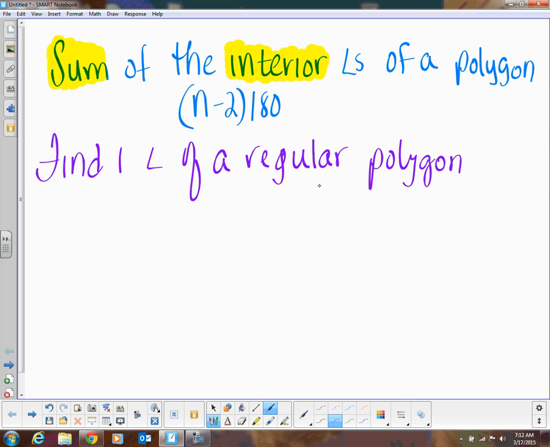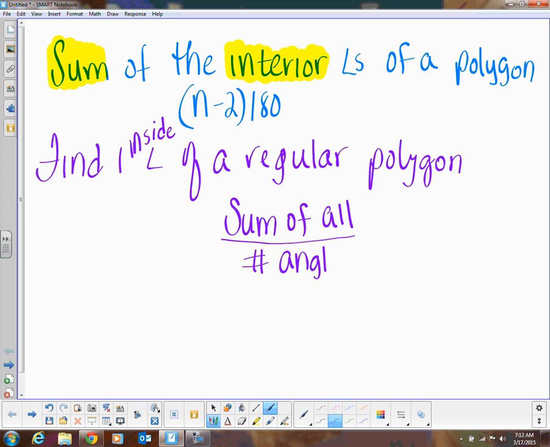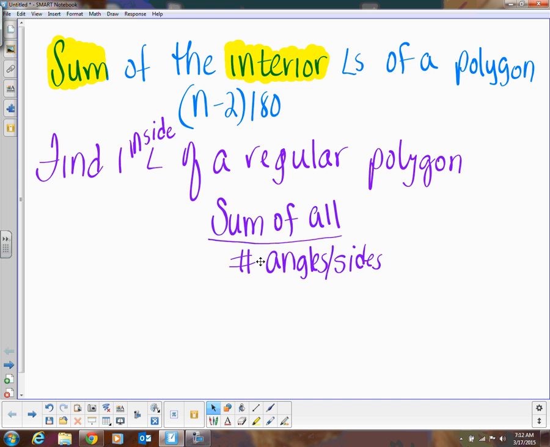So how do you find one angle? And this should be inside. How do you find one inside? You take the sum of all and do what? Divide by the number of what? Sides or angles. Same thing, correct? Number of sides, number of angles are the same.